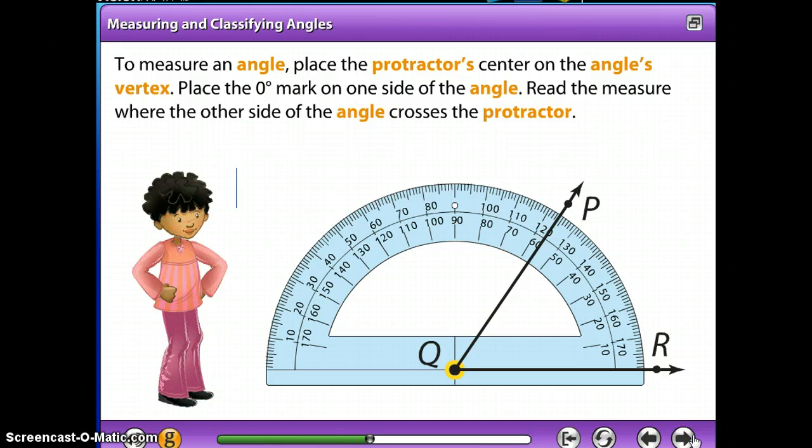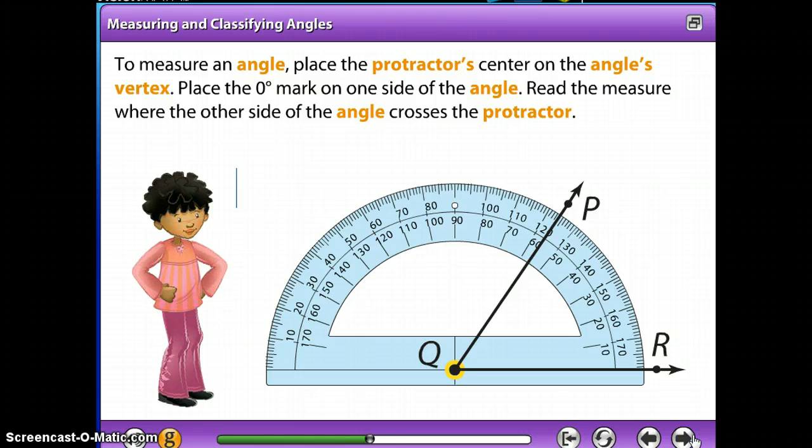Okay, that's where you have to know what kind of angle that is. We have 3 different types of angles. Can anybody name them? Name one, Abby. Acute. Name another, Austin. Right, and we talked about that. It's 90 degrees. So if this was a right angle, this ray would go straight up through 90 degrees.